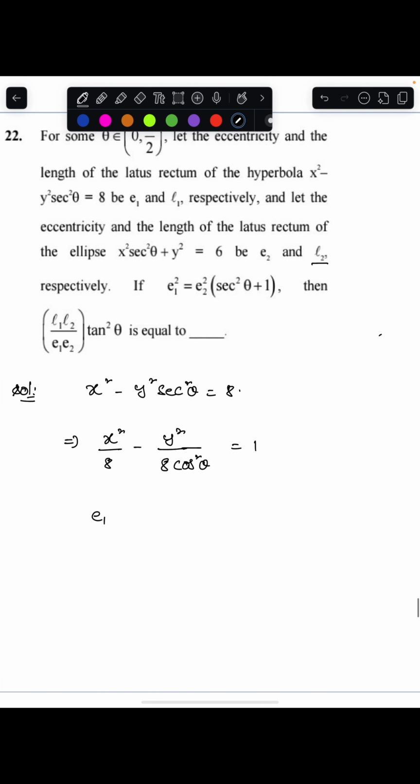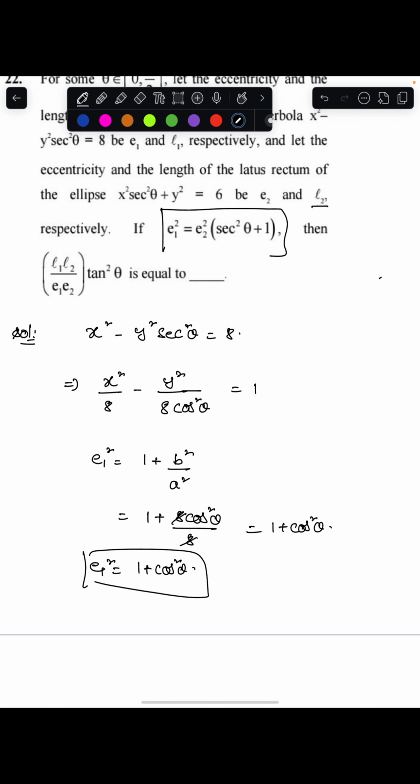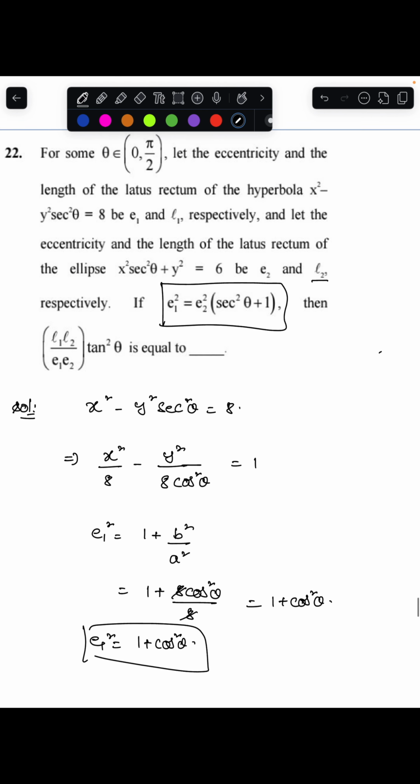Now I can write the eccentricity like this: 1 plus b square by a square, eccentricity of hyperbola. Now 1 plus 8 cos square theta by 8. So you are getting 1 plus cos square theta. So e1 square is 1 plus cos square theta. So here the relation between e1 square and e2 square is given. Let's find e2 square also.